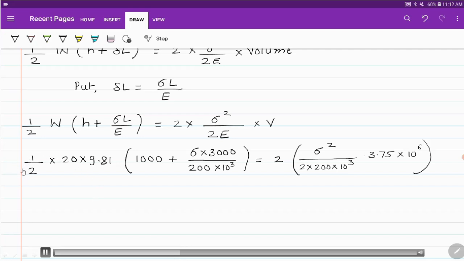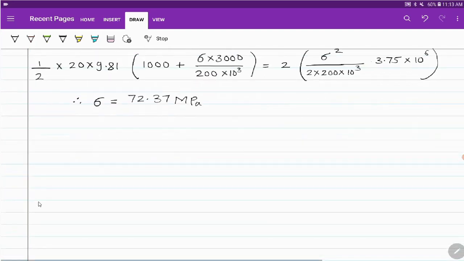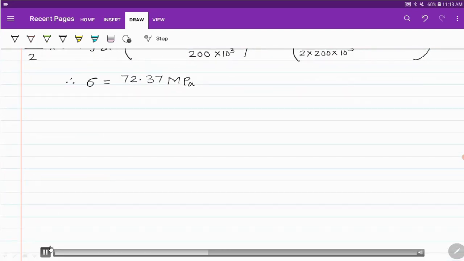This term is multiplied to 1000 plus this term is multiplied to this sigma term also. If you make the calculations for this, then it comes out to be 72.37 MPa.